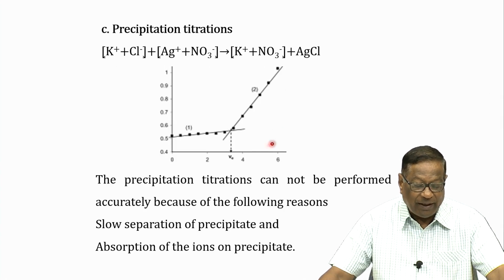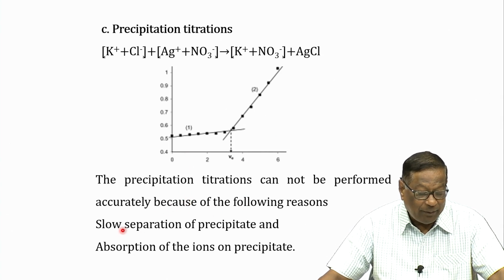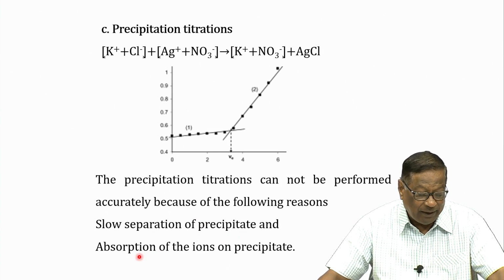Precipitation reactions cannot be performed very accurately because of the following reasons. One could be slow separation of the precipitate, it will not settle down immediately, and adsorption of the ions on the precipitate.